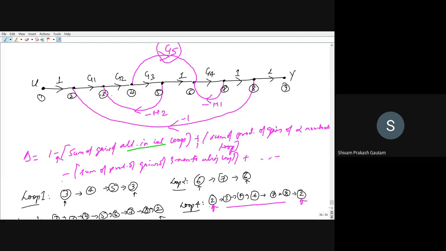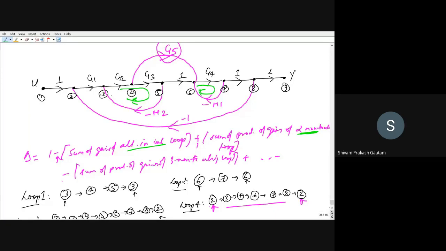Now you have to see, are there any two non-touching loops present? First you have to check that. If you consider this as a loop and this also as a loop, you can see these are 2 loops in the same signal flow graph, but they have no nodes in common.